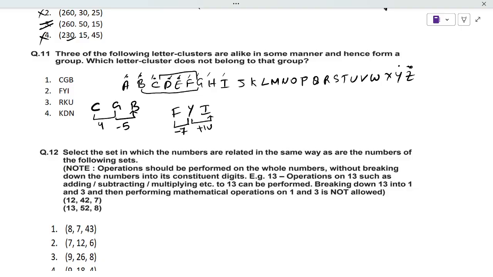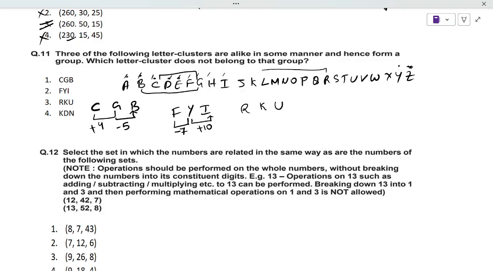So plus 10. Yes, because after Y, Y plus 1, Z plus 1 will come to A, B, C, right? R, K, and U. R is here, so it's either 4 plus 4 or minus 7. So R, we have K means what? Minus, right?